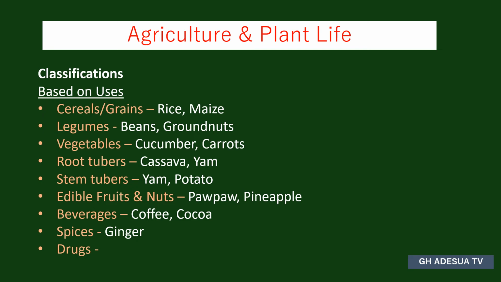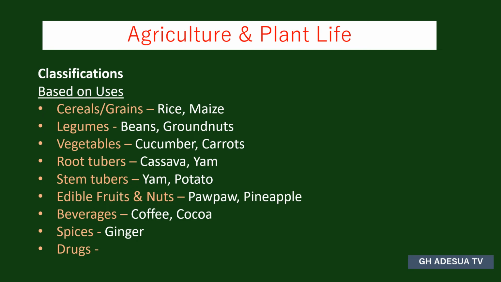The legumes like beans, groundnuts, are used to make your stews, your soups, etc. Then we have vegetables. Vegetables can include cucumber, carrot, spinach, etc. These are vegetables because they are not your regular foods, but they are used to spice up that other food.